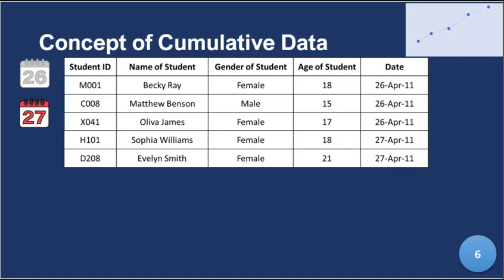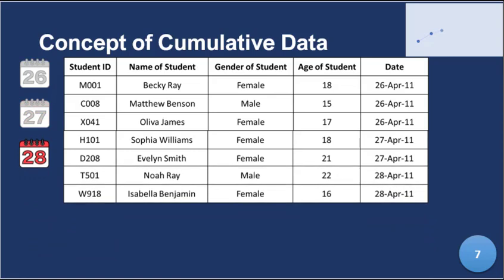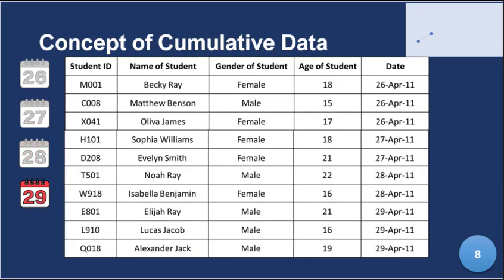So you can see that the first day was 3, the second day was 2. Cumulatively, we have 5. On the 28th, we collected data for 2 other people. And on the 29th, 3 people. That's how it works cumulatively, 26, 27, 28, and that's how data generates.